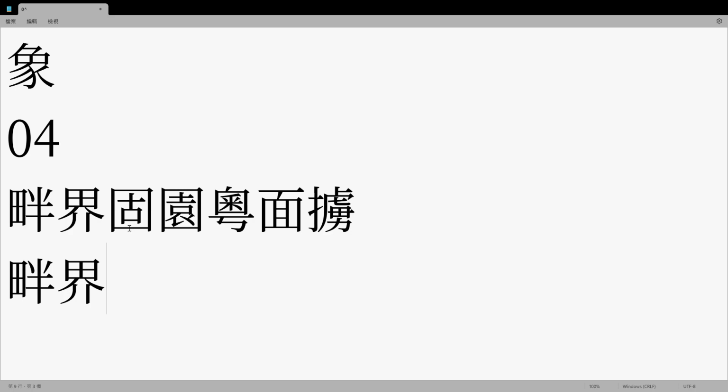Alright, the next 1, 2, 3, 4, 4, 0, 4 radicals. For these two, they have radicals if you look them up in the dictionary, which have a frame outside and some radicals inside, like these two.